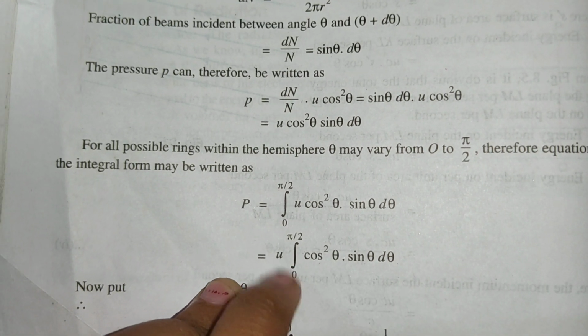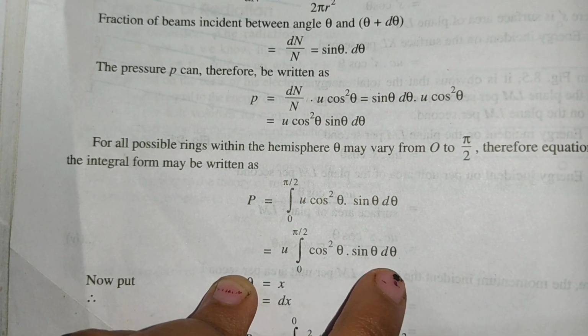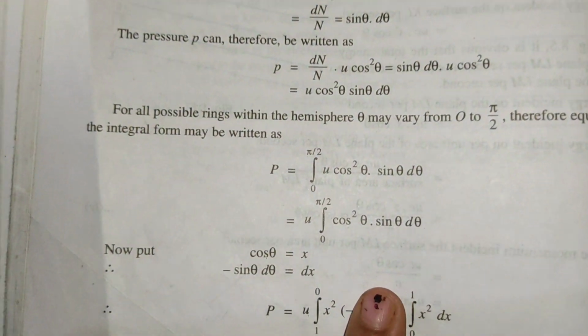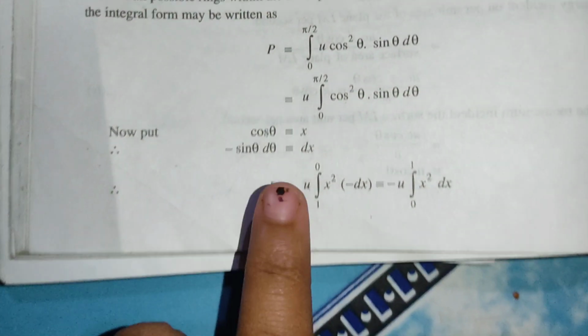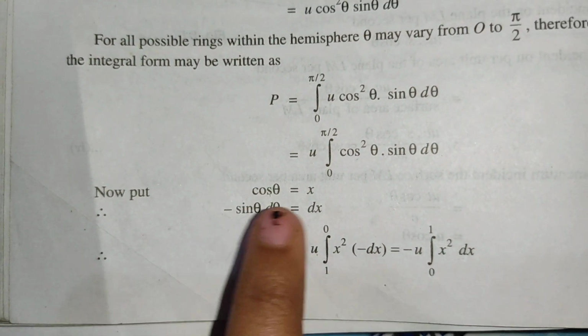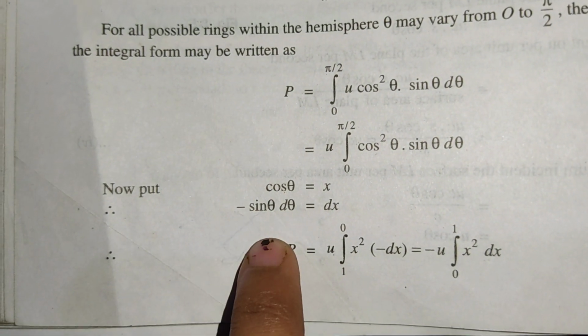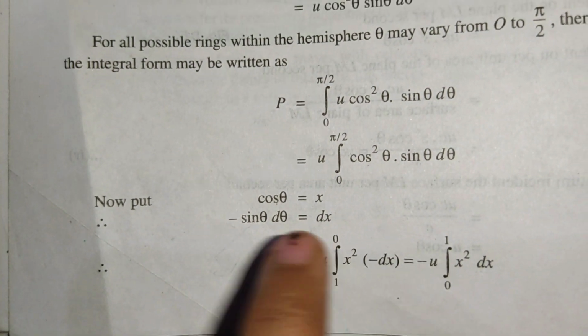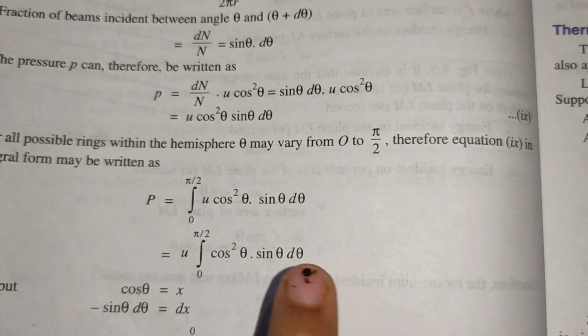Here, U times the integration from 0 to pi by 2 of cos square theta into sine theta into d theta. If we substitute cos theta equal to x, then by differentiating, we get minus sine theta into d theta is equal to dx. So we will put this value into this equation.